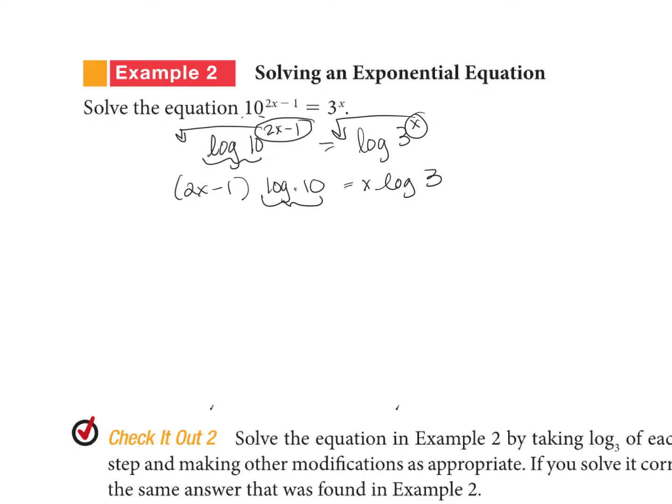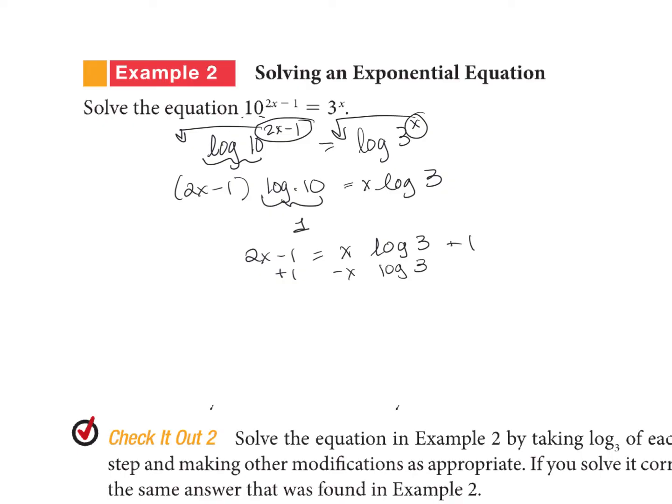Log 10 is just equal to 1. So this is 2x minus 1 equals x log 3. Let's get all of our x's on one side, anything with an x on one side, anything without an x on the other side. So let's add that over there and subtract this over here.